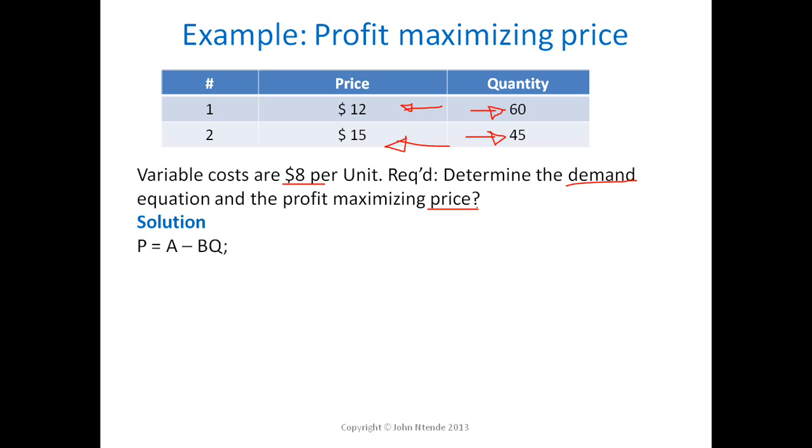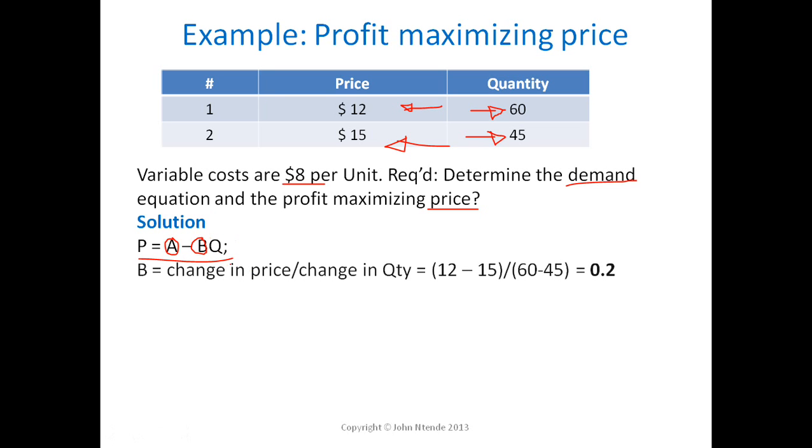Now the demand function is given by P equals A minus BQ. So what we need is to find this A and to find this B. So B we know is the change in price over change in quantity.